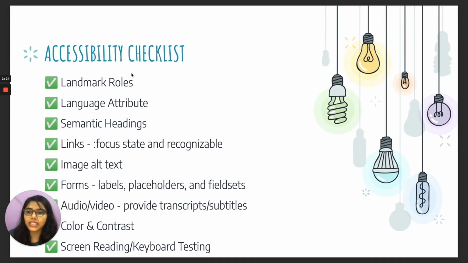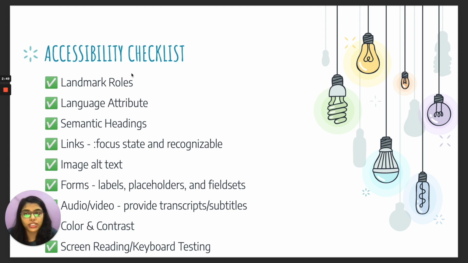Then we have a particular accessibility checklist that we need to follow so that we can make our app accessible. For example, landmark roles, there should be roles present over there like presentation and all. You might have seen a lang attribute on your HTML files. That is one of the other things that we need to include in our apps. Then we have semantic headings.